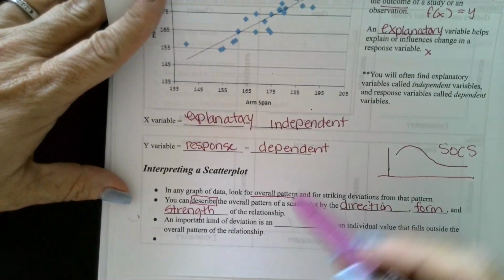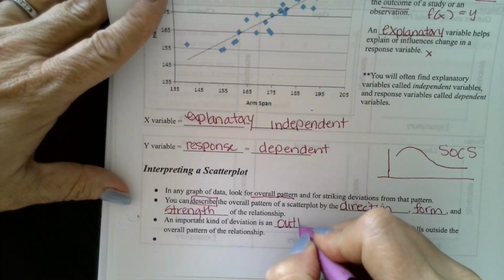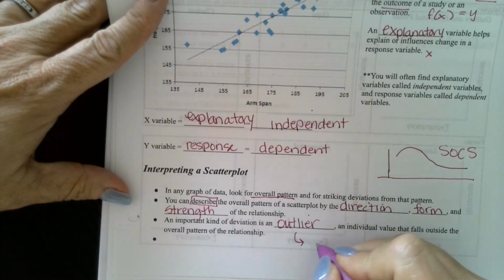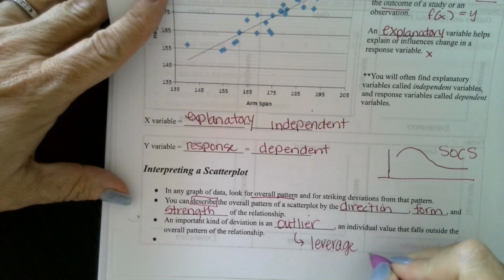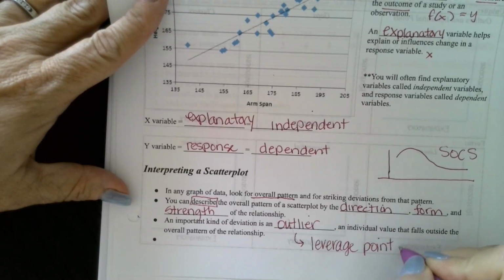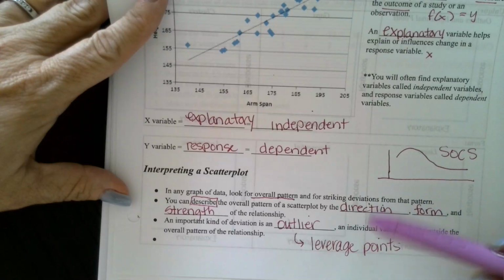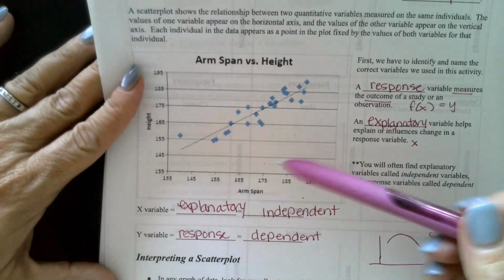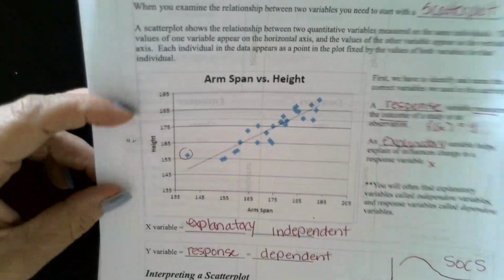The deviation that we would have, I'm going to call it an outlier right now, but what you're going to find is that these are really going to be leverage points. We're going to get into more detail on outliers on a scatter plot. But what we're looking for is just something that deviates from this pattern, right? So this one is a little high up, so we could say that that might be an outlier. Okay?